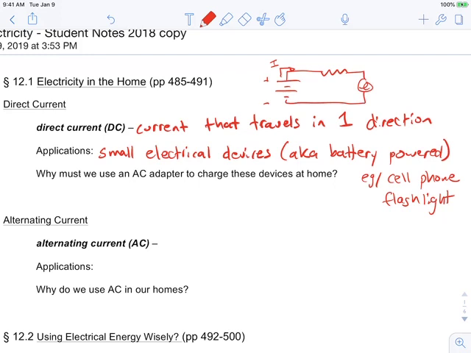But there is a gigantic problem, because all of the electricity that comes out of the walls, like the stuff you use to charge your iPhone, is totally not DC. Remember, DC normally comes from batteries, so let's write that in. Normally comes from batteries.